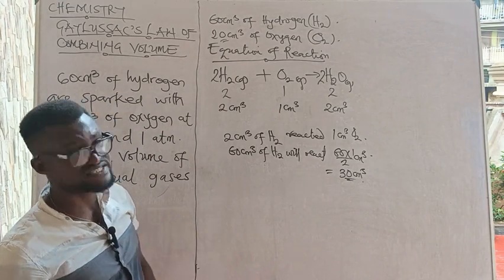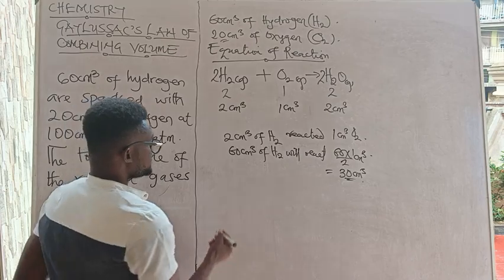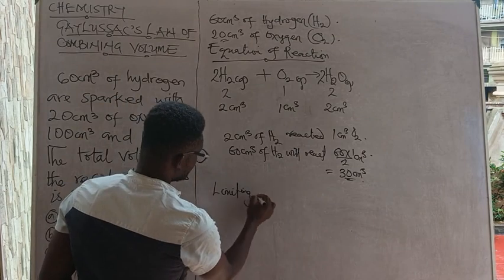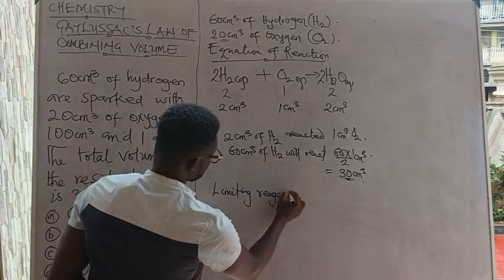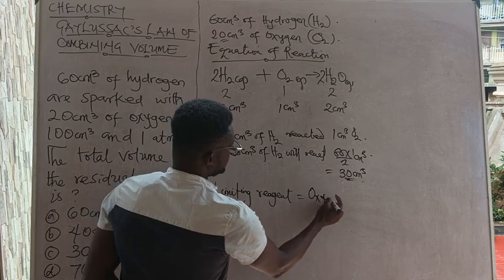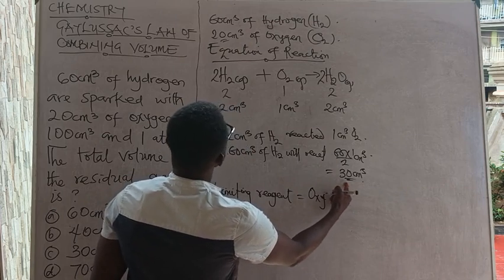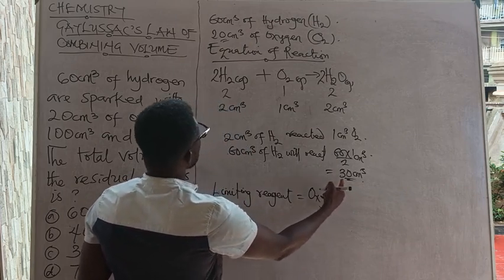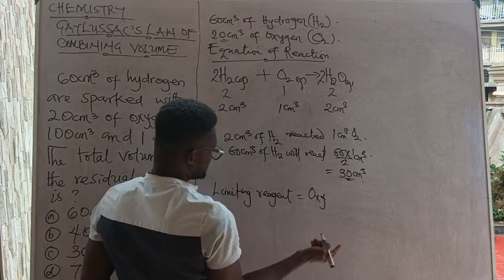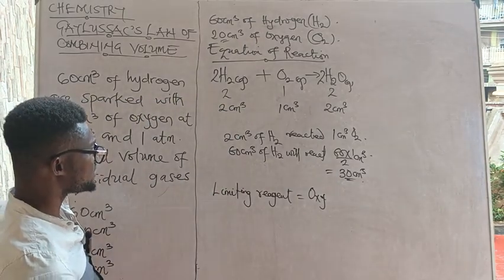Hence, oxygen is in a limited amount, hence we call it the limiting reagent. The volume that will complement the oxygen is 10 cm cube. If you add 10 cm cube, yes, it's possible to react, but we don't have it. So oxygen is the limiting reagent.